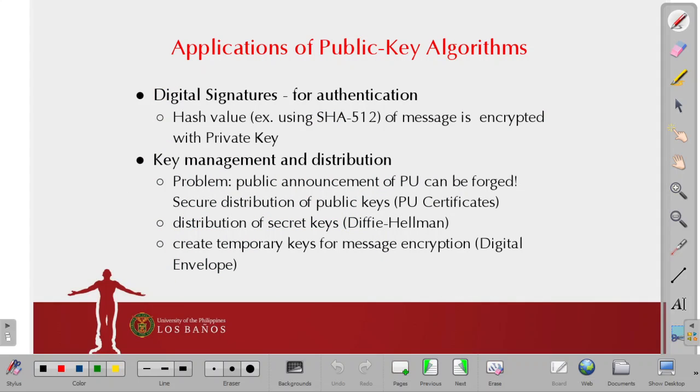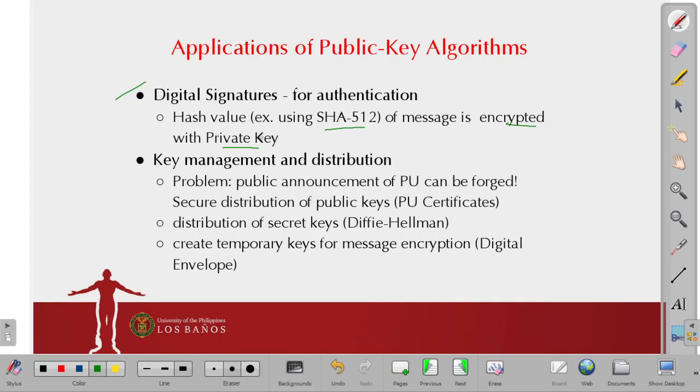So for applications of public key algorithms, we have digital signatures for authentication. So we have the hash value. For example, using SHA-512, our message is encrypted with a private key.